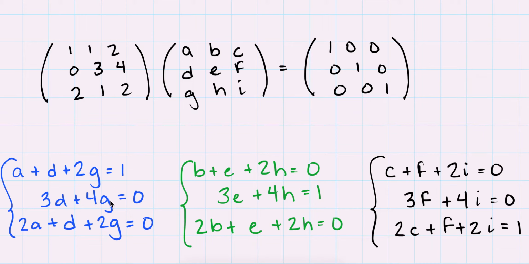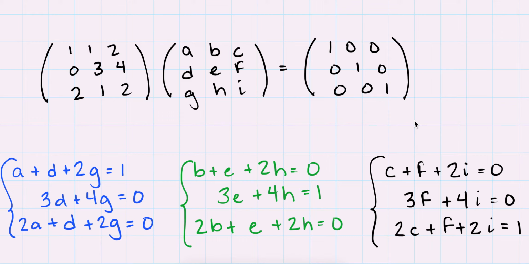You can see you're going to have more work to do. You're going to have to figure out a, d, and g. And you can set this up like we did in the very first section, I think it was section 1.1, where we can make an augmented matrix and put it in reduced row echelon form to find the solutions for a, d, and g. But we'll have to do it 3 times. And that's going to be a lot of work.